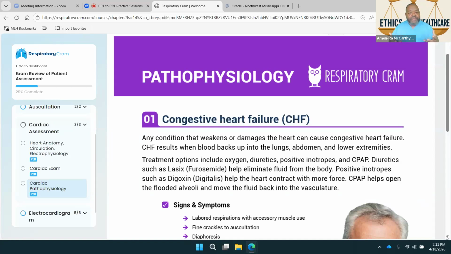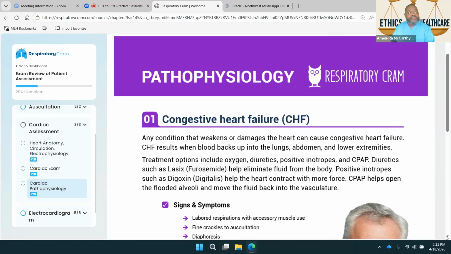You can give Lasix all day long, but if the fluid is not in the interstitial space, it can't pick it up and it's not going to work. So positive pressure like CPAP will help push that fluid into the interstitial space so that your medicines can pick it up, okay? Diuretics, positive inotropes, again, digoxin or digitalis.